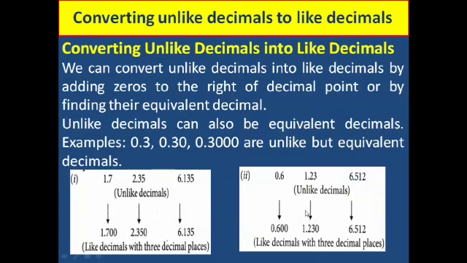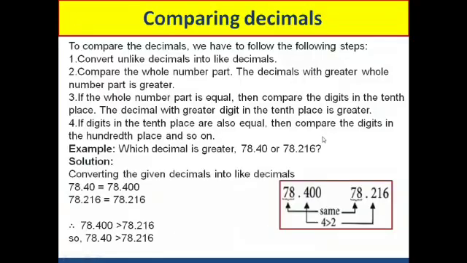Now, the point is, why is converting unlike decimals to like decimals important and where do we use it? Suppose we want to compare the decimals or we want to add or subtract the decimals. The first step will be to convert them into like decimals. To compare decimals, we have to follow these steps.